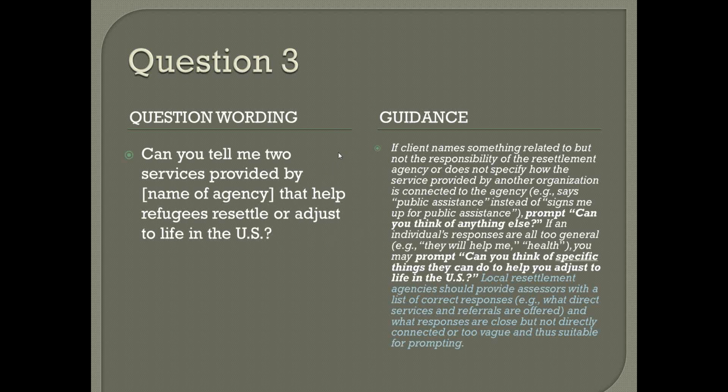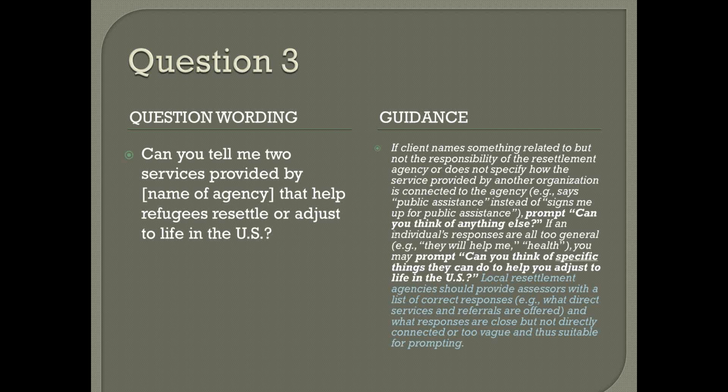All right, so now that we're talking about the vague responses or the incorrect responses, is there any feedback on that? What would you think is too vague of an answer? So it seems like some of you are getting one-word answers, not too much explanation about how specifically the agency is going to be helping with that.